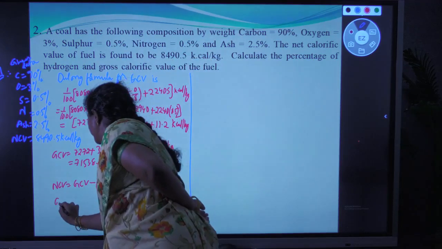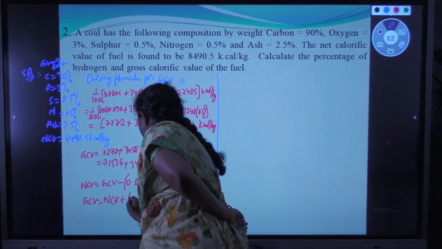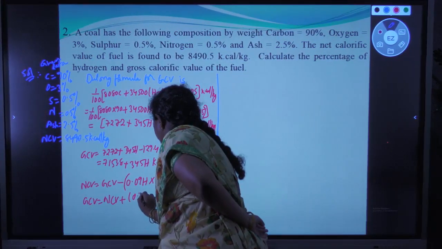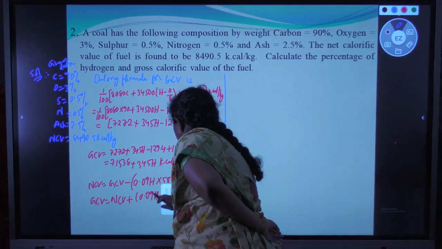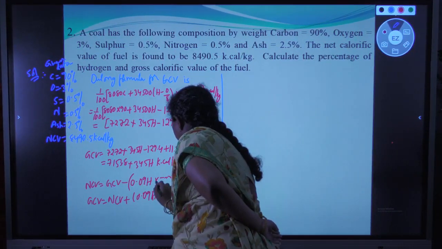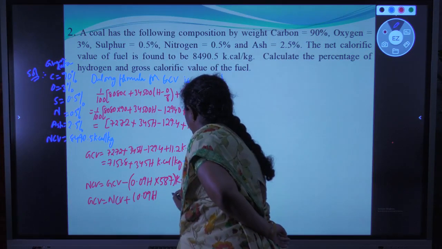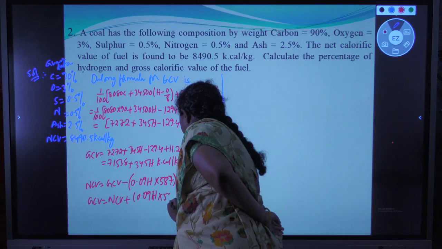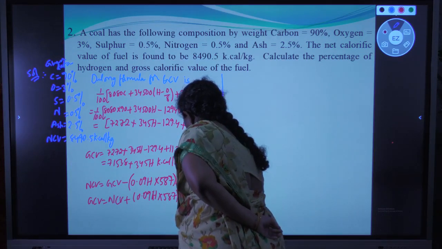From this, GCV is equal to NCV plus 0.09 hydrogen into 587 kilocalorie per kilogram.